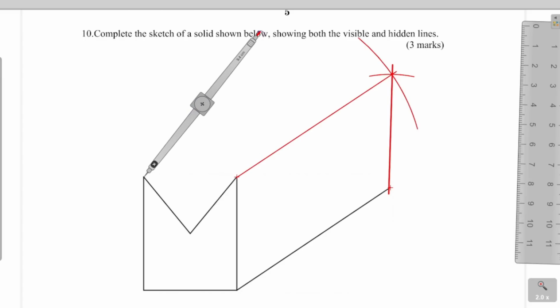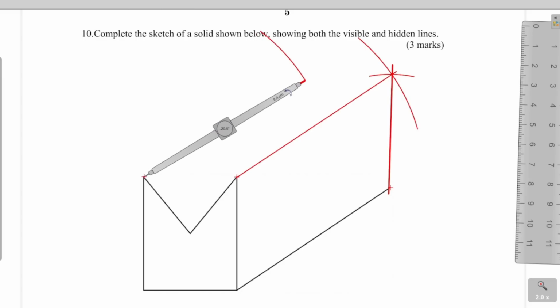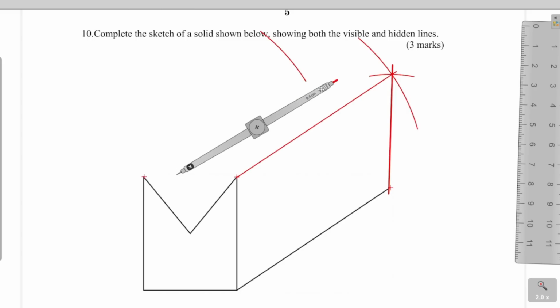Then mark an arc. Then from there, you take this measurement, from this corner point to that point there. Take that, then you transfer it here.